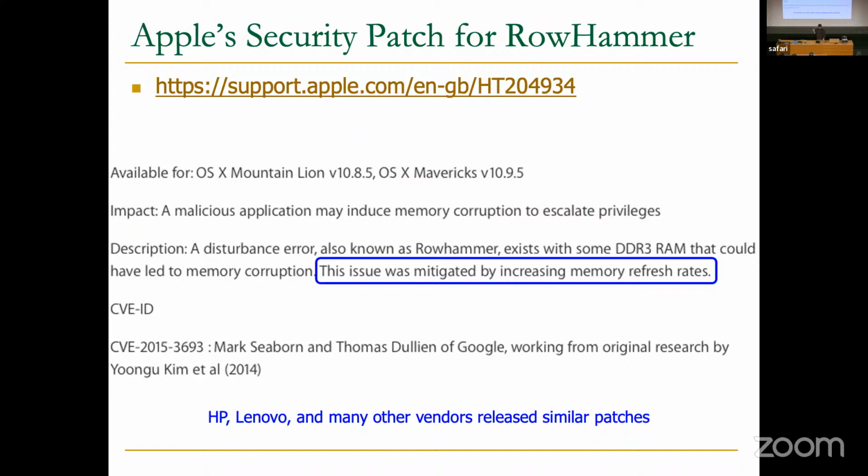And as I said, this is an example of short-term solutions that got adopted by the industry by just increasing the refresh rate.